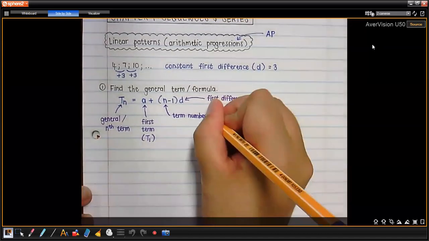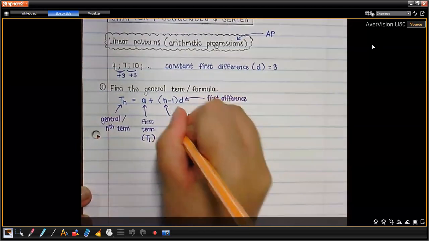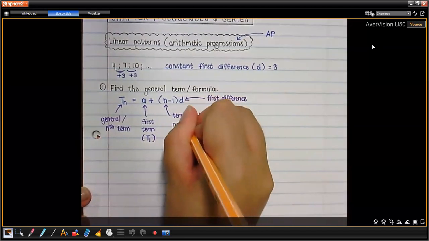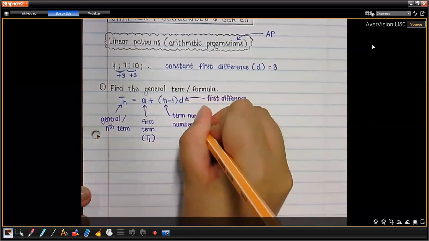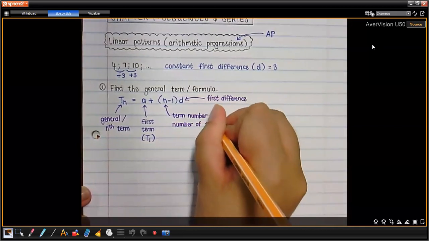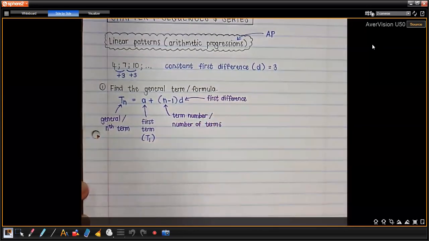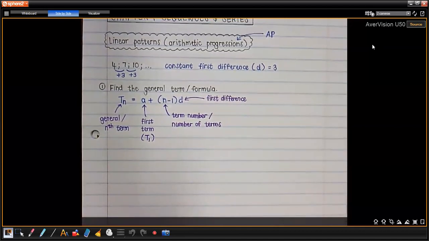Or it can mean the number of terms. Depending on the question, anything that has to do with number of terms or term number will be the n value.